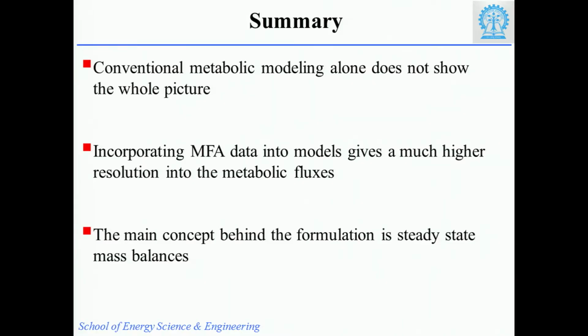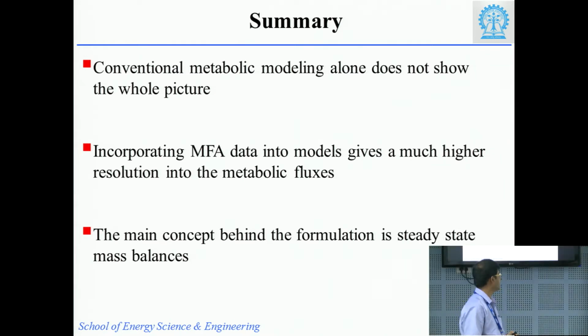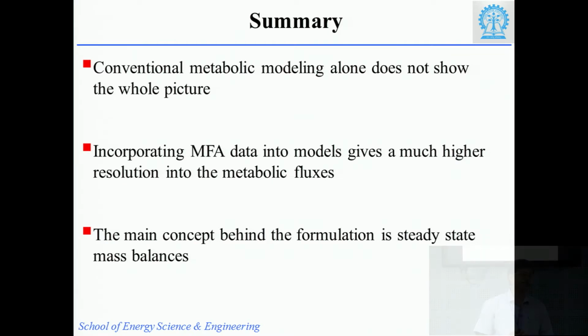And you get the fluxes at a higher resolution. Since you are fitting the experimental data, you get the fluxes at a very high resolution, and the main concept behind the formulation is steady state flux balances, that is, you are not adding any kinetic information. You do not include any kinetic data, you just use a flux balance analysis method where you fit the data. So, this is the main idea behind the 13C MFA method.